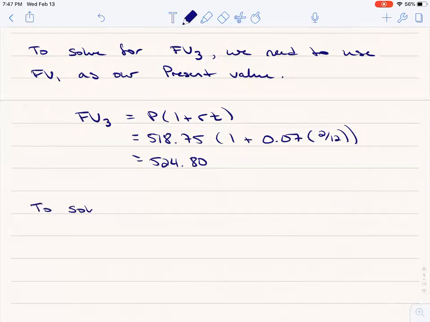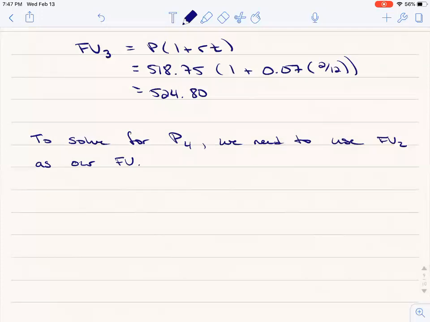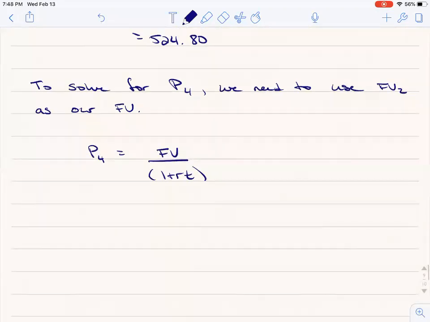Same thing. To solve for P4, we need to use future value 2 as our future value. That's not so weird because we're working in the same direction. So present value 4 is the future value over 1 plus r times t.